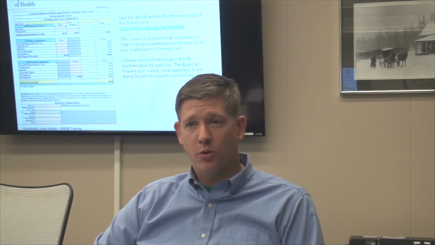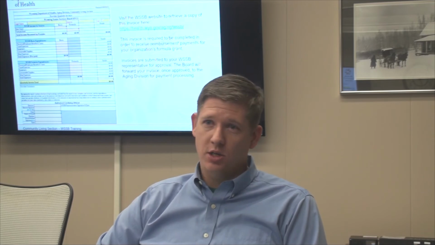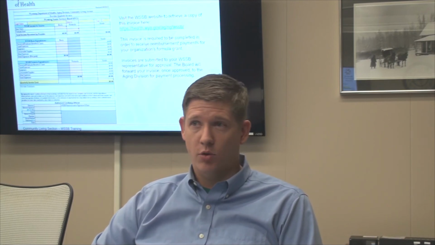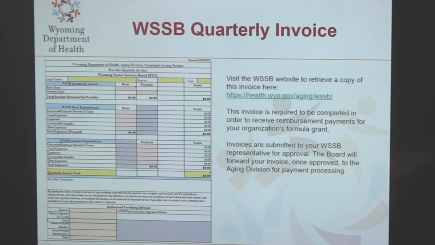Right, the next part, after you've completed an application and it's been approved and you have a contract in place with the Aging Division and the WSSB, the next piece is collecting those funds, providing the WSSB with a quarterly invoice report. Now, again, this quarterly invoice will be available on the Aging Division's webpage under the WSSB tab.